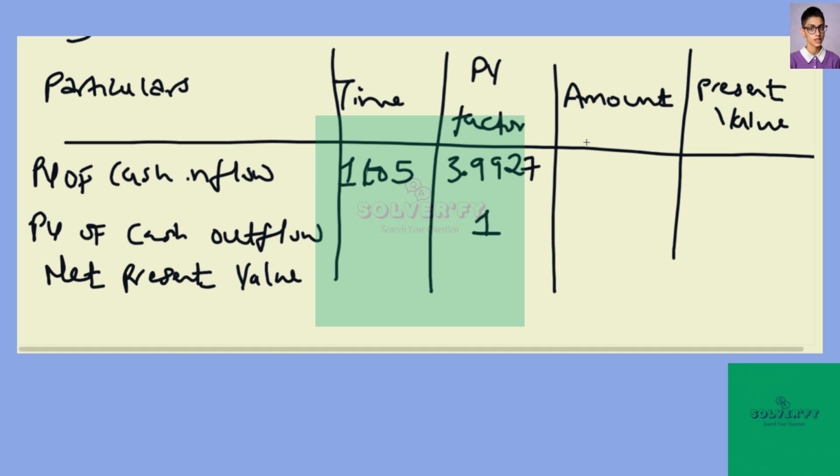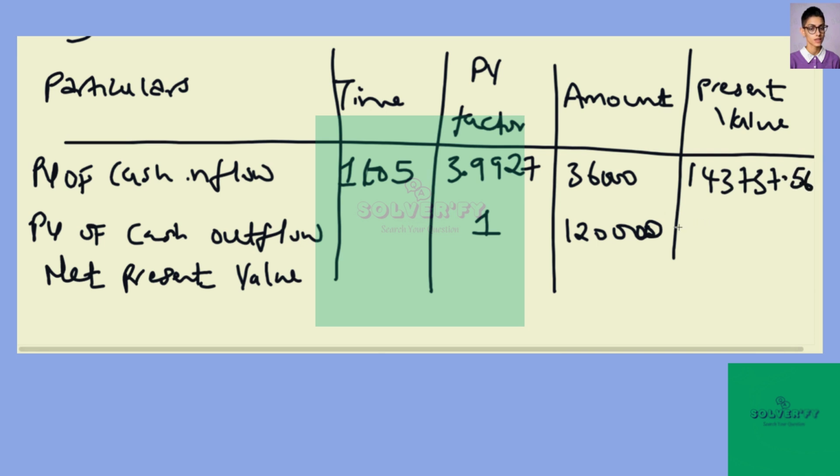To find the amount, it will basically be 36,000 and 120,000. Now the present value would be the present value factor multiplied by the amount of the cash inflows. When you multiply that together, you get 137,737.56.